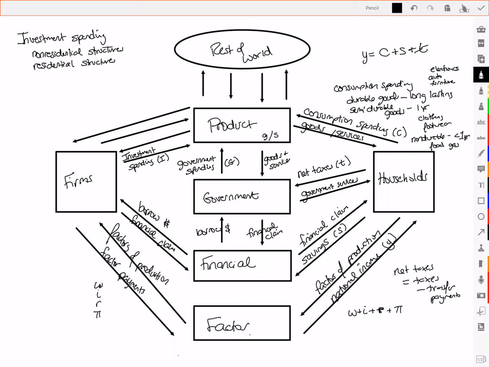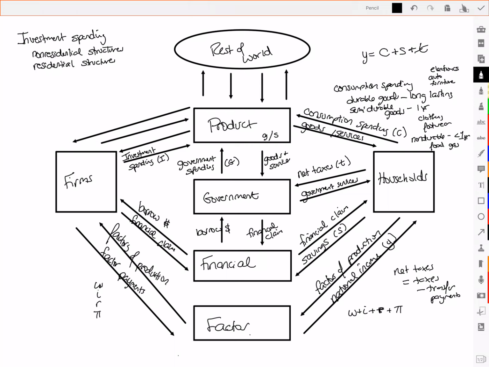Why are residential structures in investment spending and not in consumption spending? Well, if you think about when a new house is built, it is a building company paying trades companies to build it, right? They're hiring plumbers and carpenters. They're hiring someone to lay cement, someone to frame, and so it's businesses paying other businesses.